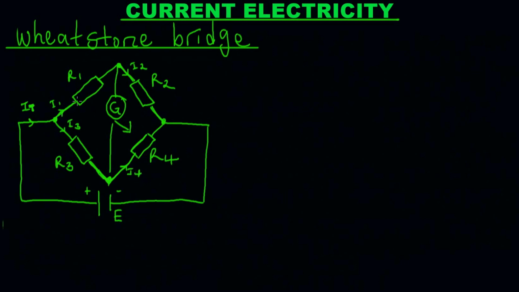Now, this same current that will flow through this part will flow through this resistor, and it will still be the same current that will flow through this same resistor. And what happens when both resistors have the same current? It means that those two resistors are connected in series, right? So meaning that I1 will be equal to I2, as R1 and R2 are in series.